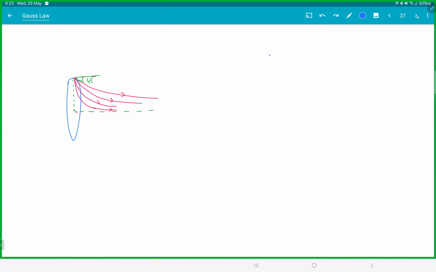So if you just look at the point charge here, dq, this is that 45 degree line. So this is another 45 degree. That means all the lines starting from here and this line will pass through the disk.